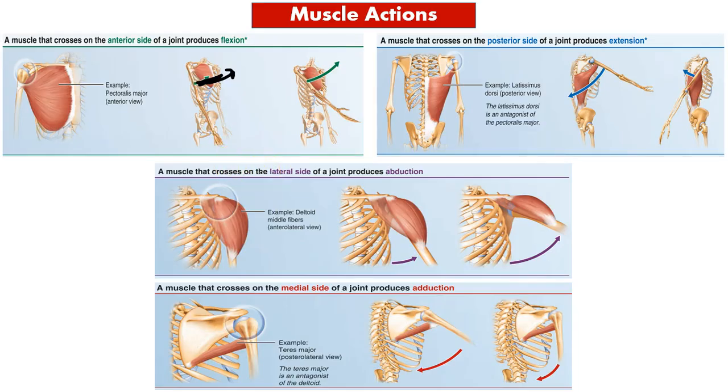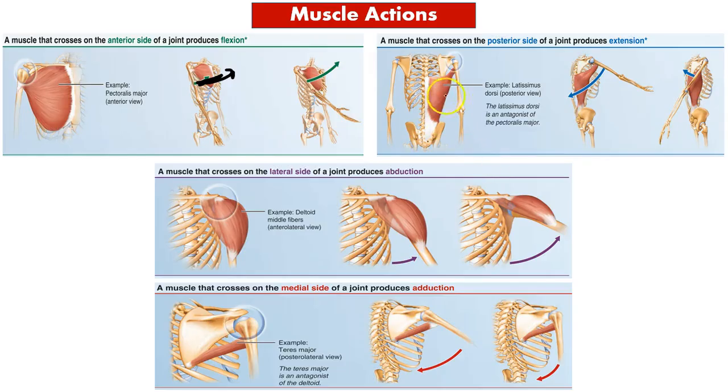Doesn't that make sense? You're bending at some point. But what are you bending? You're bending not from the elbow, but you're bending up from where the shoulder is going, right? Then we have the muscle that crosses the posterior side of a joint can produce extension. So that same movement, when we're definitely going to be bending our elbow up or bending our shoulder up on the anterior side, there's going to be an opposing extension that can happen when you basically take that same shoulder and extend your arms back.